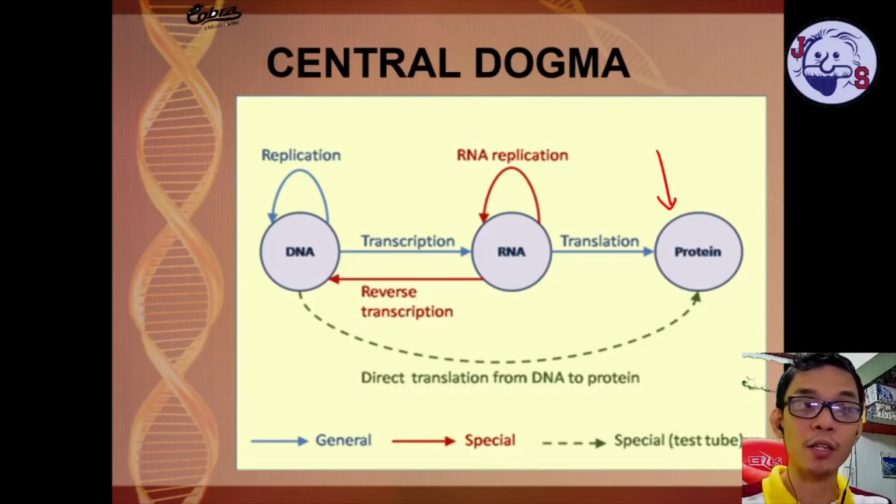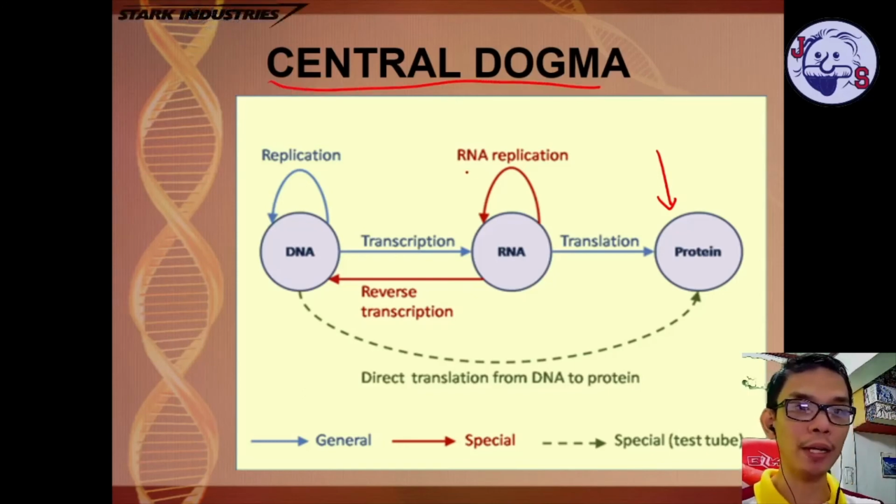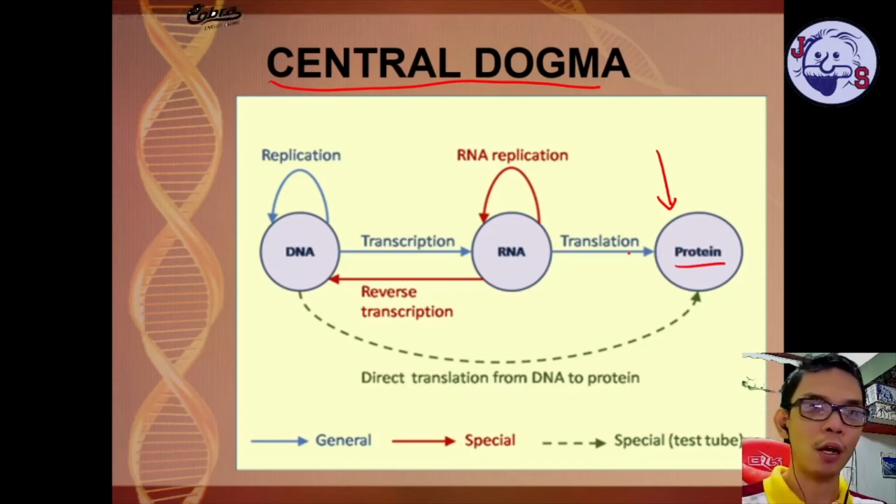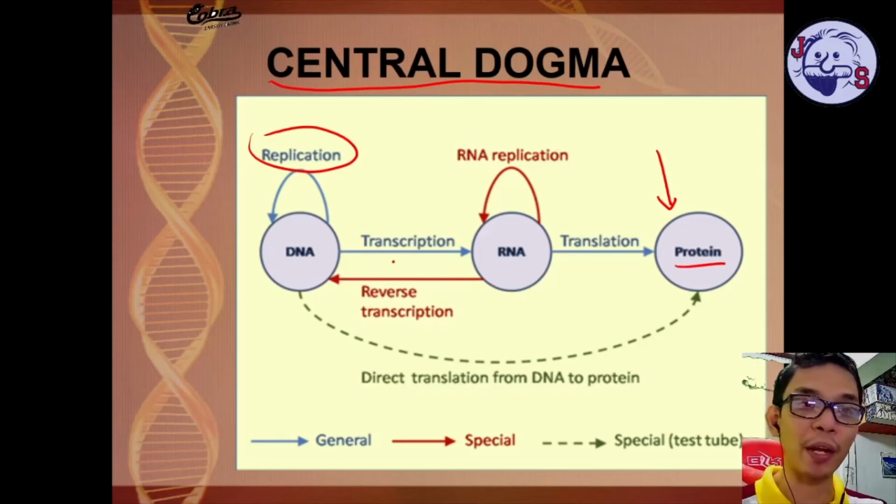Again, the central dogma is the process in which DNA is converted into something functional, a functional molecule. In this case, we have protein. So we have here the replication. The DNA will replicate itself to become DNA.